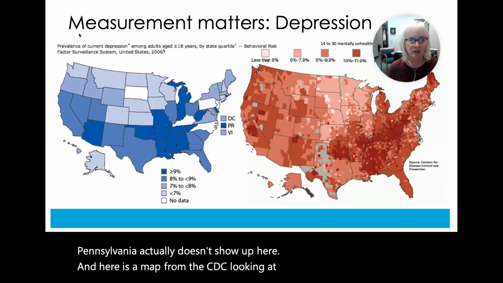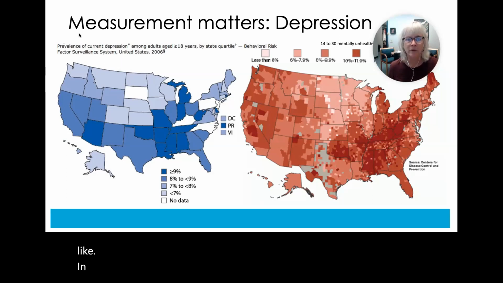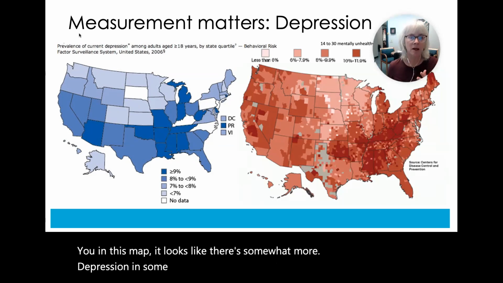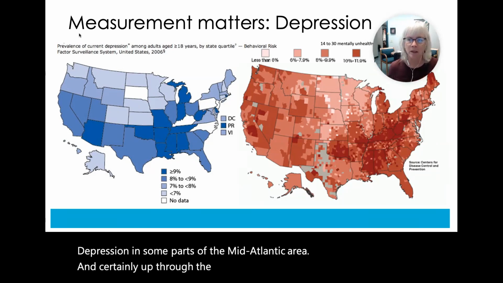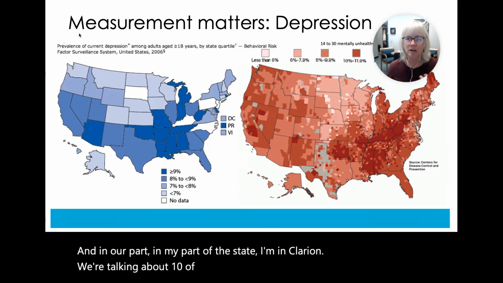It actually looks like, in this map, there's somewhat more depression in some parts of the mid-Atlantic area, and certainly up through the Appalachian area. And in my part of the state, I'm in Clarion, we're talking about 10% of the population would be defined as depressed or diagnosed as depressed.